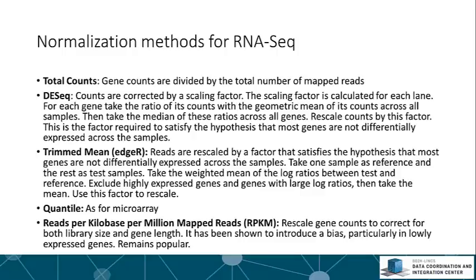This is a normalization scheme that rescales gene counts not only to correct for library size, but also to take account of gene length. Now I think it's been established that this method actually introduces a bias in the normalized data, particularly in the lowly expressed genes. However, this method still remains popular in the literature.